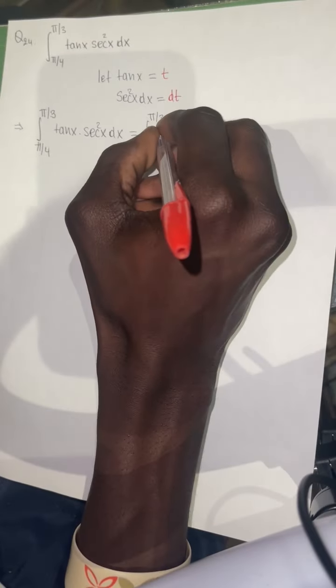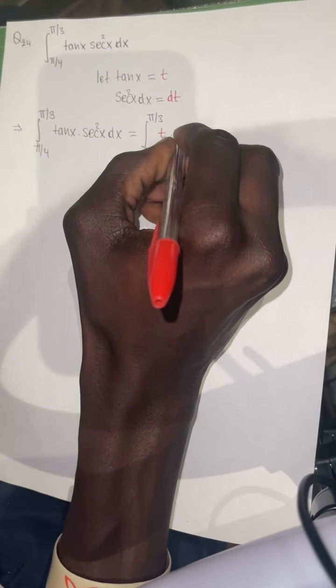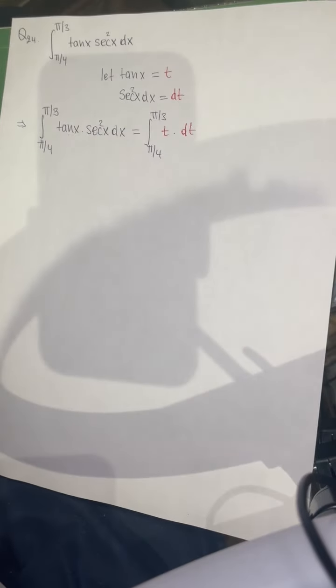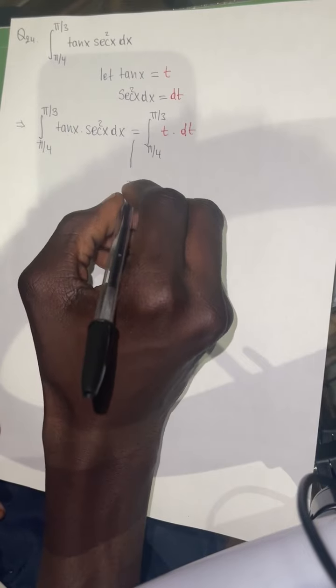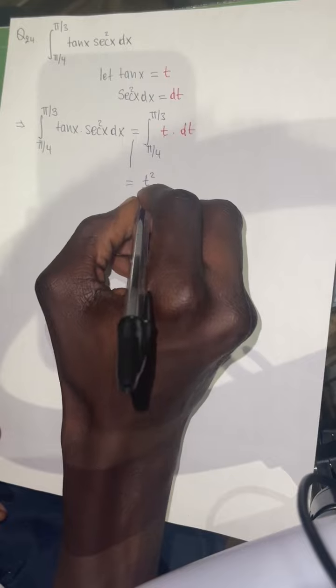What is tan? Tan you already said is t, times this part, this we already said is just dt. So now the integration of t is just going to be t squared over 2.